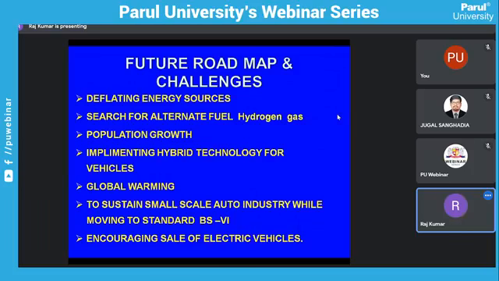To encourage sales, if you have electric vehicles, you have to build charging stations, and electric batteries which can last long. And some research is in order to do.